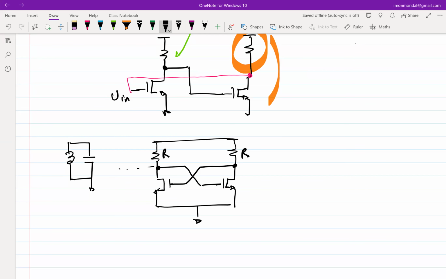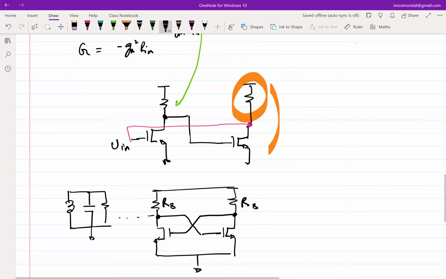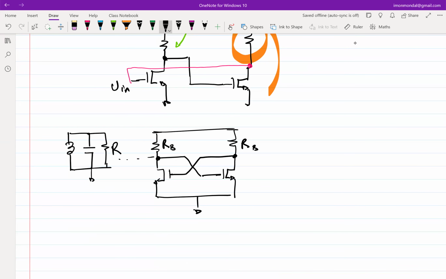Okay, fine. So let's go back to this discussion. I should say this RB now, because that was R initially. All we have to do is connect this node to this node. I have a common ground.